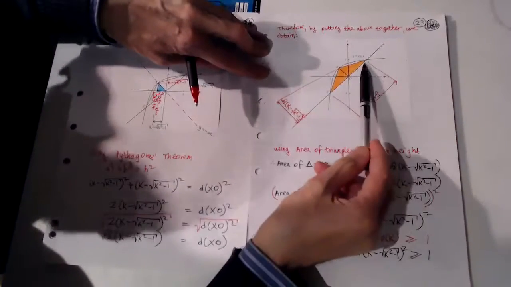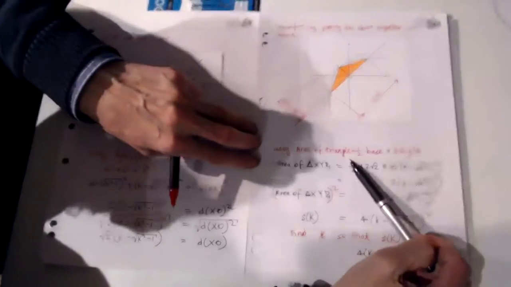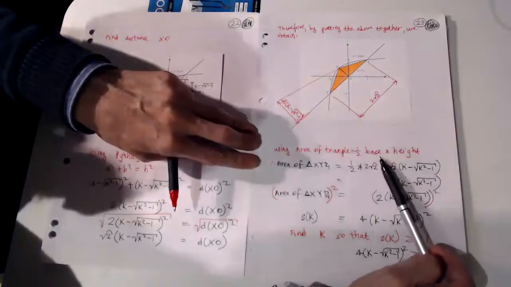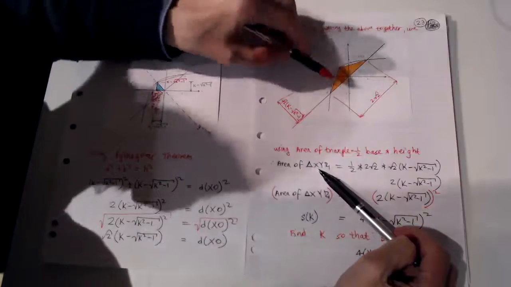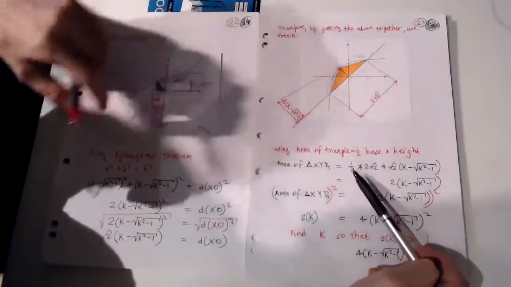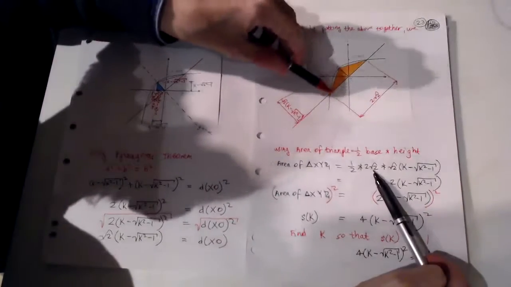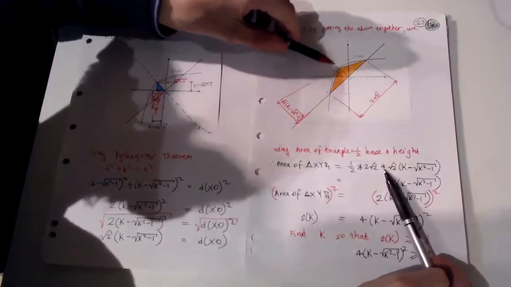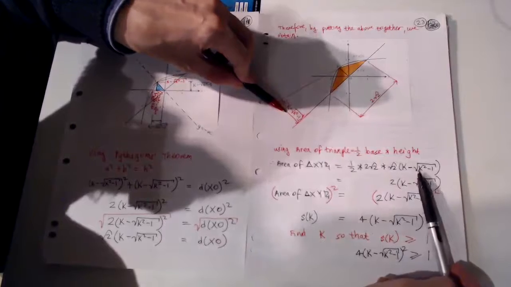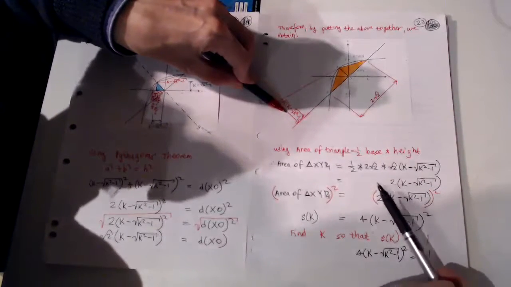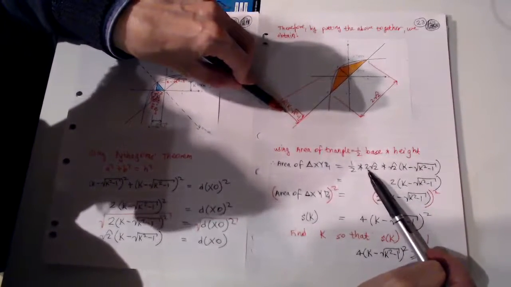So therefore, we can work out the area of that orange triangle by using area of triangle is equal to a half base times height, and area of triangle XYZ is equal to a half times the base, which is 2 square root 2, times the right angle height, which is square root 2 open brackets k minus square root of k squared minus 1, and that simplifies to a half times 2, it's 1, forget about it.